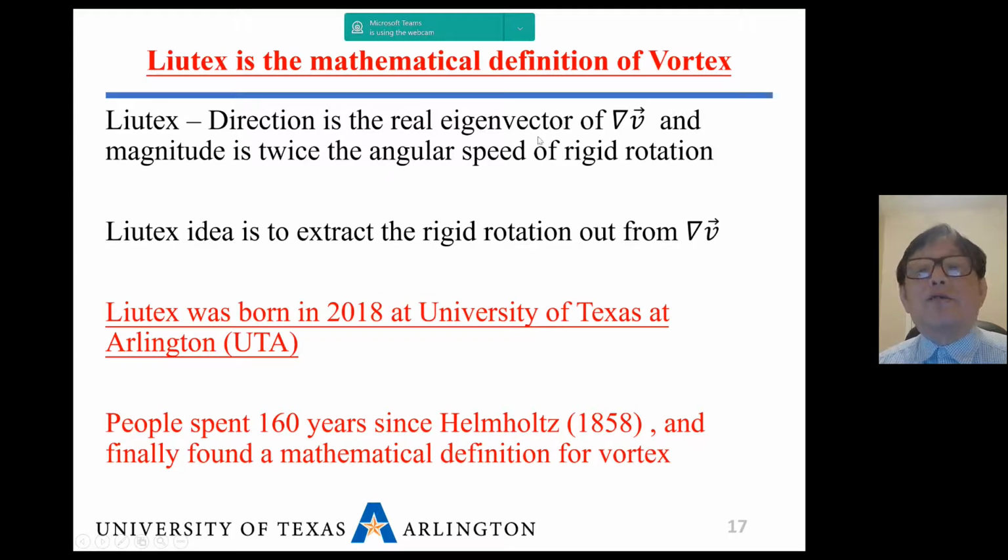Here is the real eigenvector of del V, and the magnitude is exactly twice the angular speed of the fluid rigid rotation. Therefore, Nutex is a mathematical definition for vortex. The major idea is to extract the rigid rotation from the velocity gradient tensor.